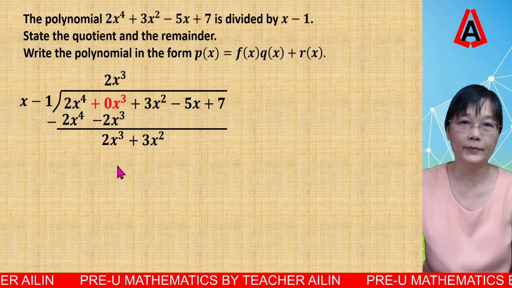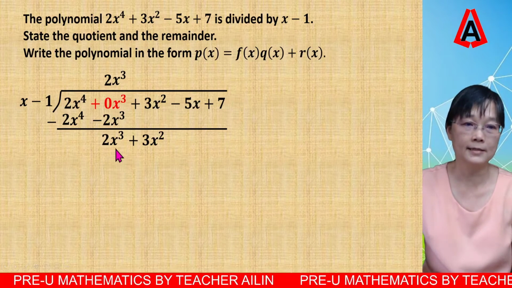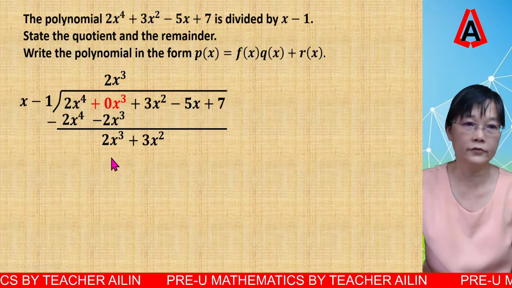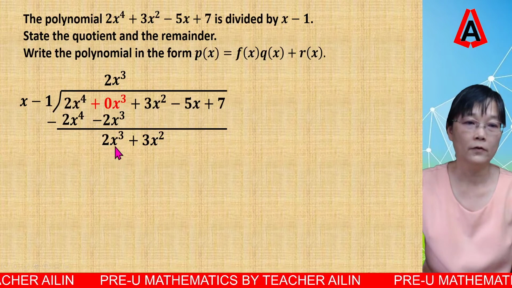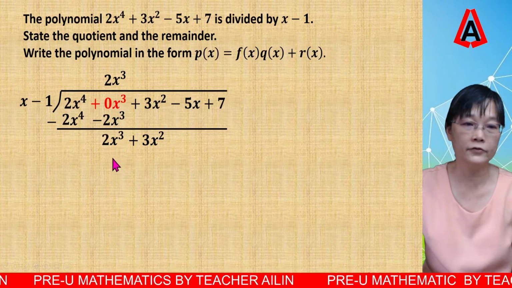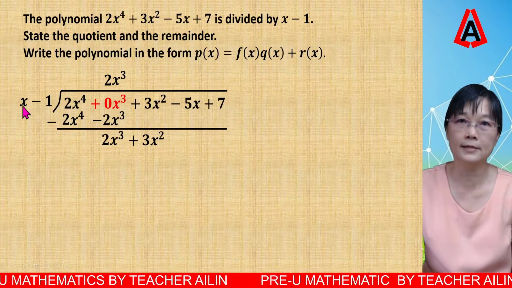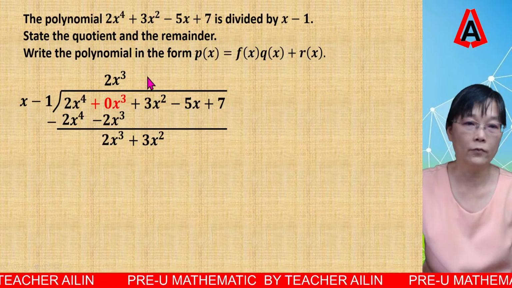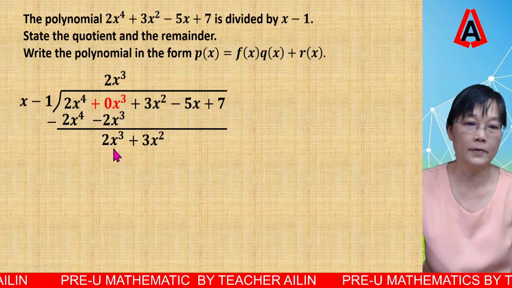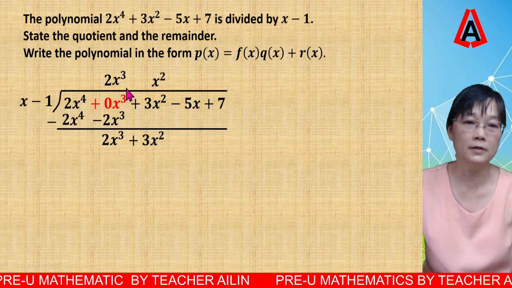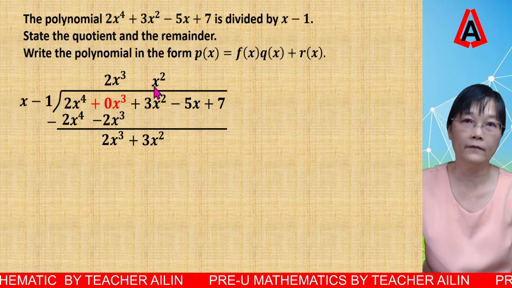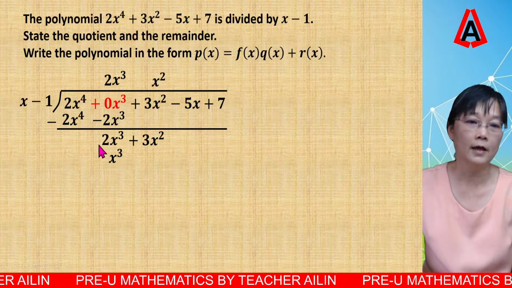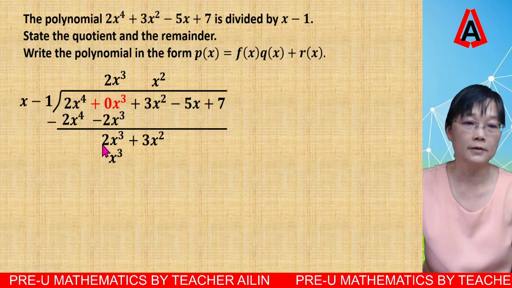Now we are going to repeat the same step as just now. So now we look at the first term, 2x power 3. First we should get x power 3 here, and the divisor is x. So we should think, x multiplied by what will give x power 3? Sure, it is x multiplied by x power 2, we will get x power 3. Now the coefficient.